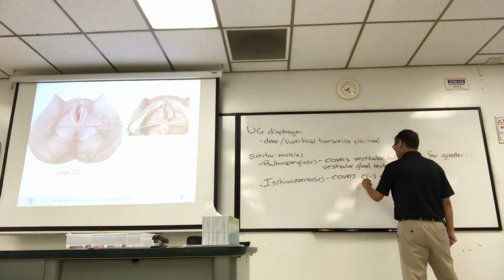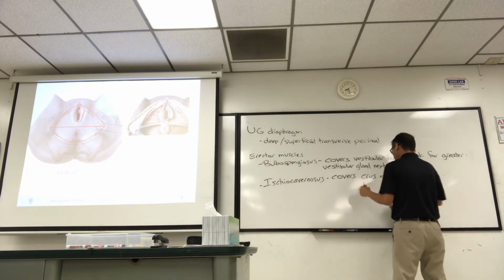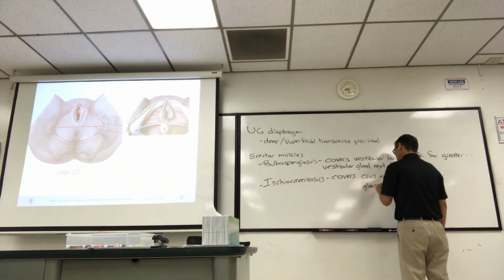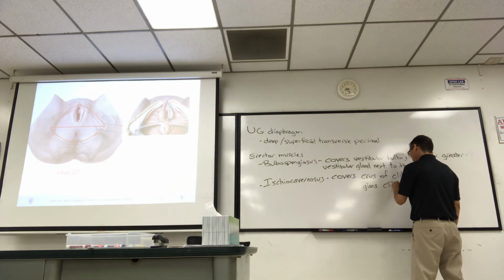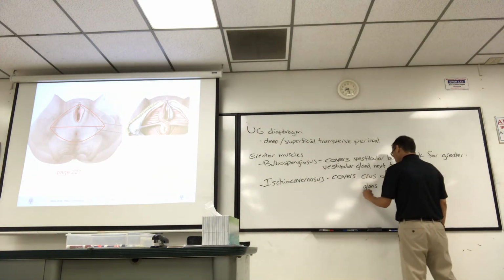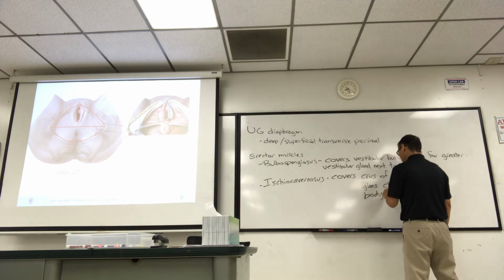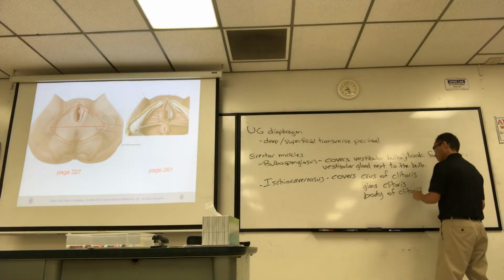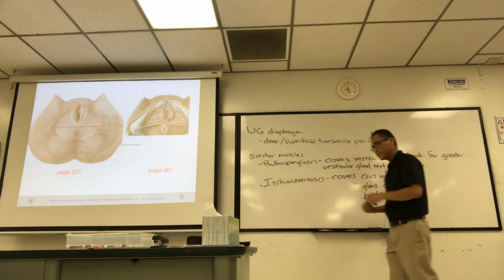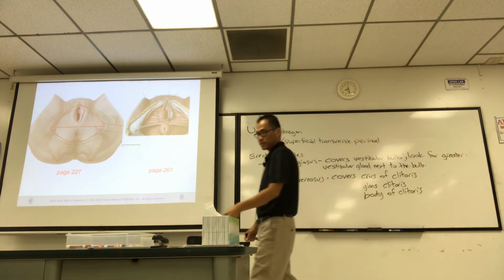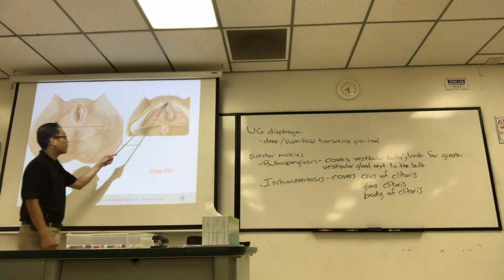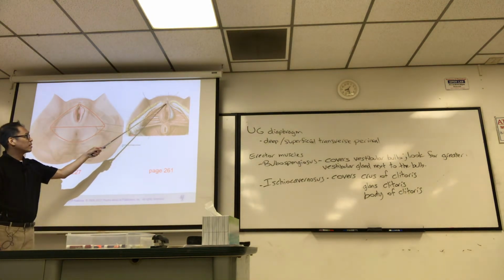On this picture, you can also see the glans clitoris. Also, there's the body. So there's crus, glans, body. The glans clitoris is right here. The body will be deep to it.